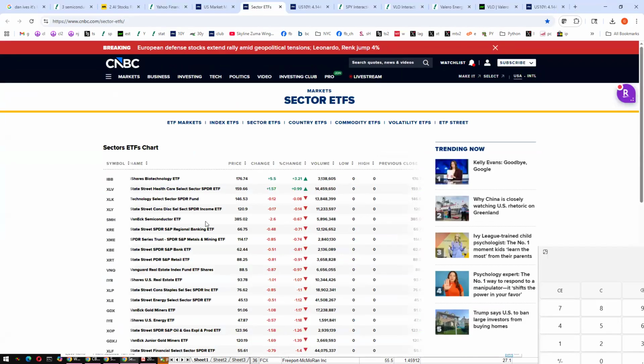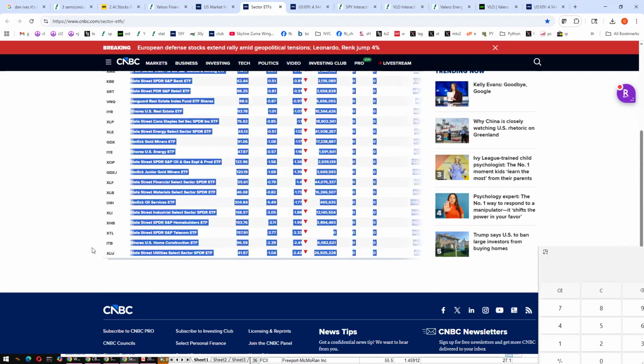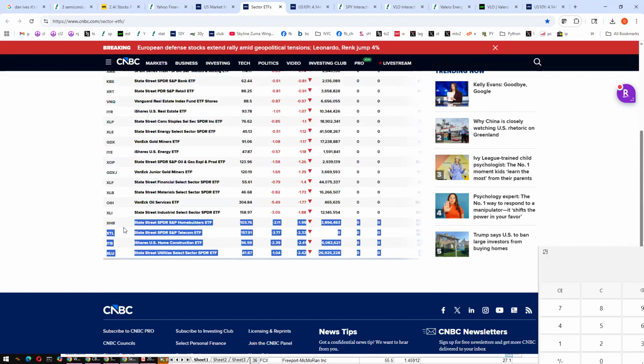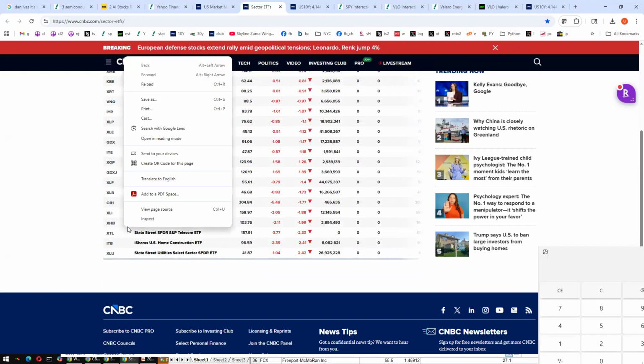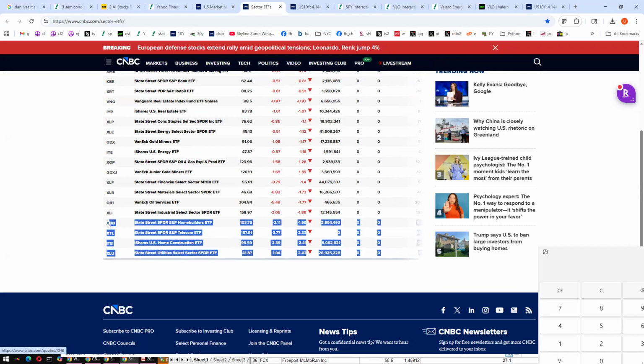It seems like these are the kind of stocks that go down whenever interest rates go up. Because as interest rates go up, it makes homes less affordable.